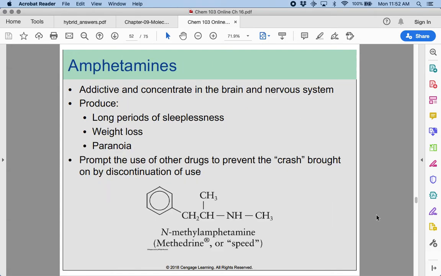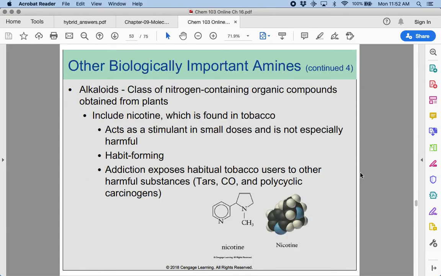Obviously, amphetamines also have a negative association with them as well. So, for example, things like methamphetamines or meth obviously are highly addictive, can have negative effects when abused as a recreational drug.